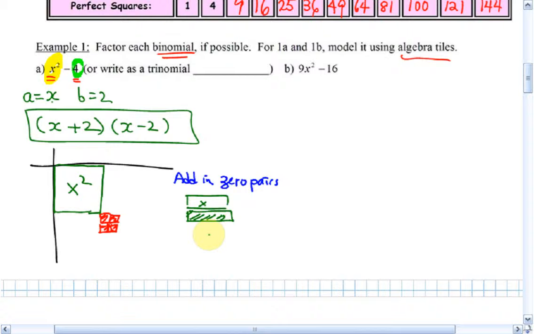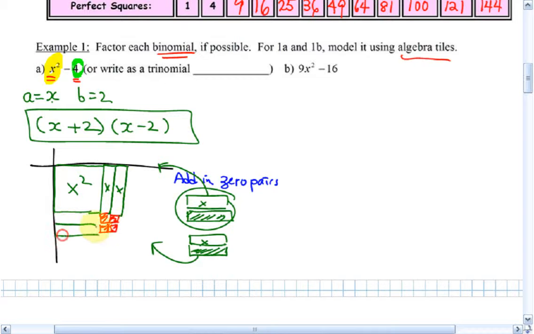Was 1 pair enough? We need 2 pairs, right? So I'm going to show you by drawing this in now, the 2 pairs. And then let's actually add them in. And show me how you would add them into your picture. Well, you would have the 2 positives on one side, I think. So positive x, and then your 2 negatives somewhere else.